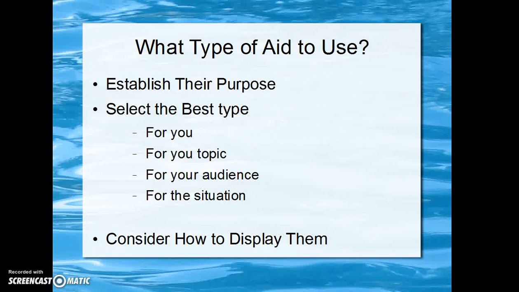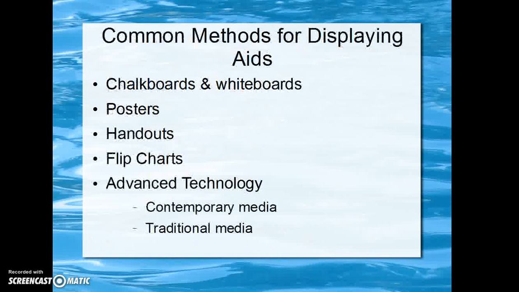A downside to visual aids is that if you use something that requires media, always have a plan B in case the media malfunctions or isn't available. Again, if you have something like a poster or a picture, you have to figure out a way to hang it or to show it so that everyone can have access to it. So you have to consider how you will display them.